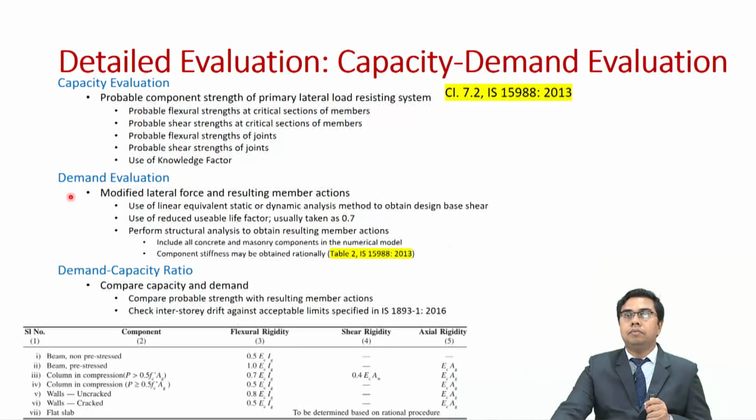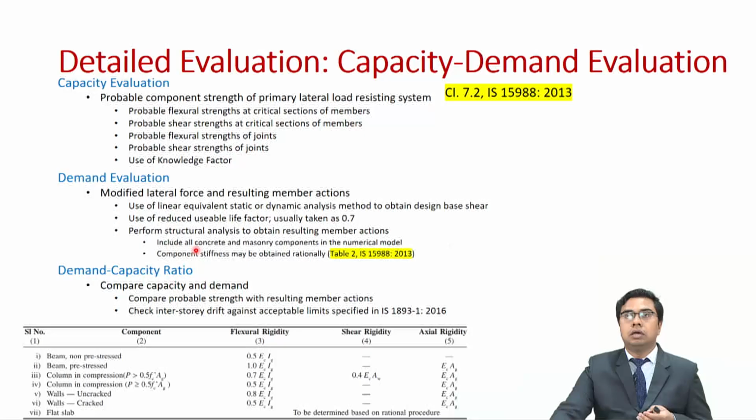Then we will move to demand evaluation, where we will find out the modified lateral force and resulting member actions. In this case, we will use different methods such as the linear equivalent static method or dynamic analysis method to obtain the design base shear, and then we will reduce that design base shear by the usable life factor, which is usually taken as 0.7, and then based on this we shall perform a structural analysis to obtain resulting member actions.